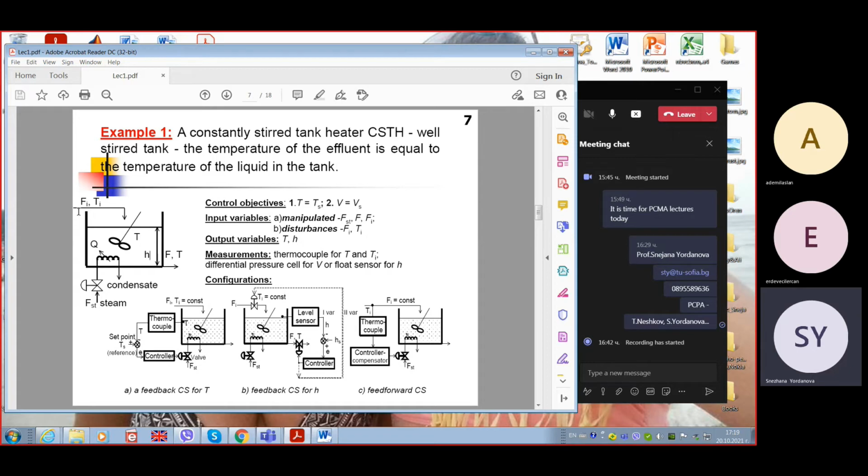What do we have? Disturbance: if we use this for level control, then initial flow rate will be the disturbance on level. Initial temperature will be disturbance on temperature. But these two variables and their manipulated control actions are related.